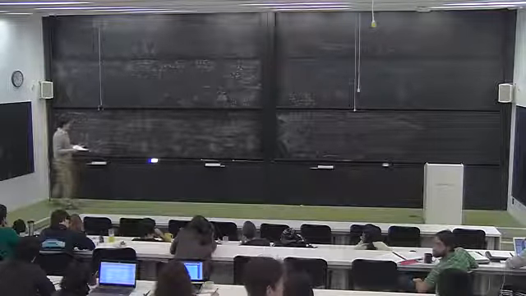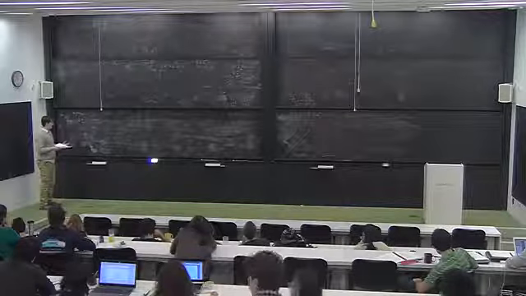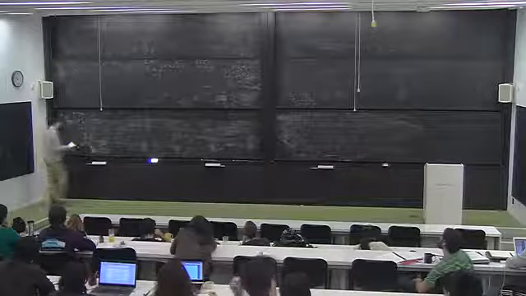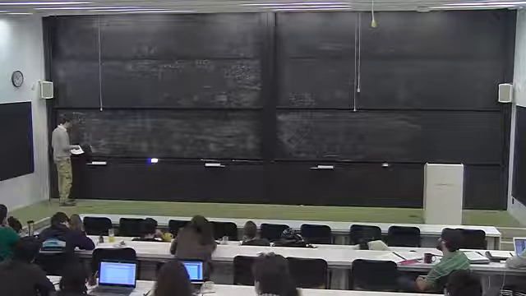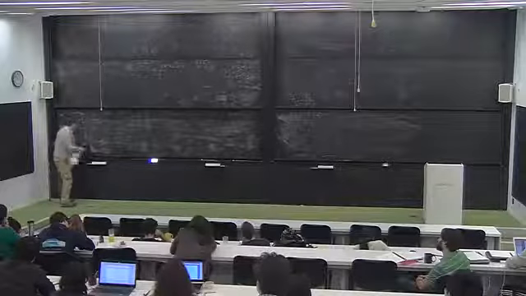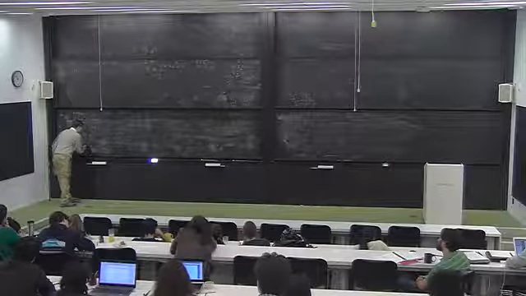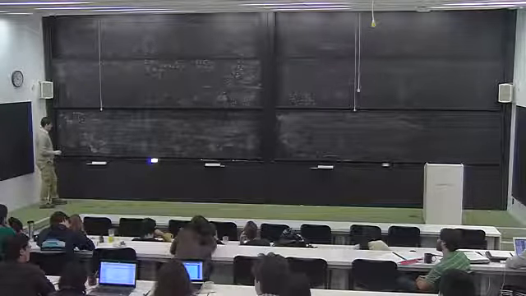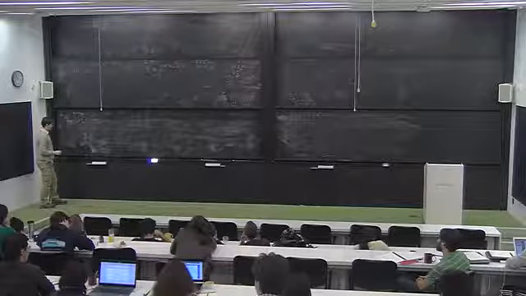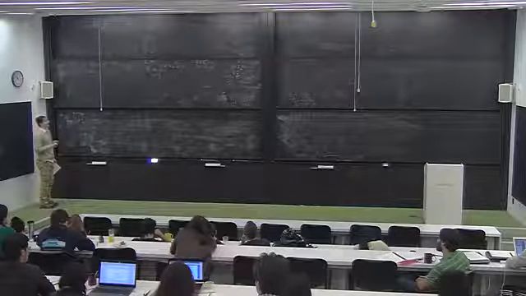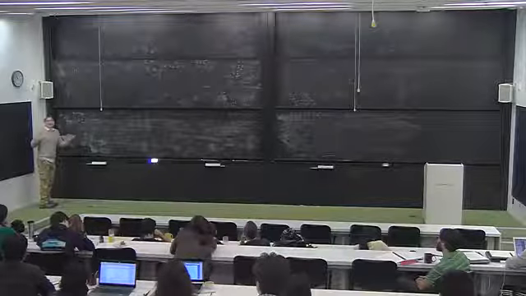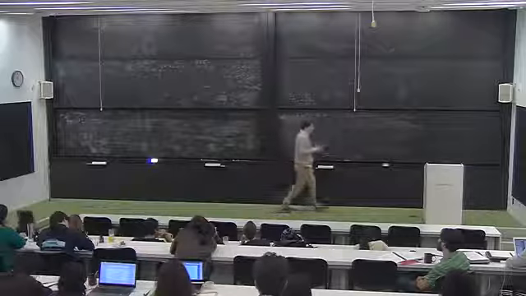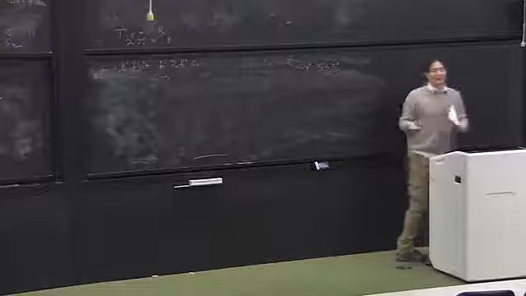Now, when you try to define correlation functions on the cylinder, well, you need to somehow get rid of these extra diffeomorphisms, or at least make sure that you understand what effect they have.